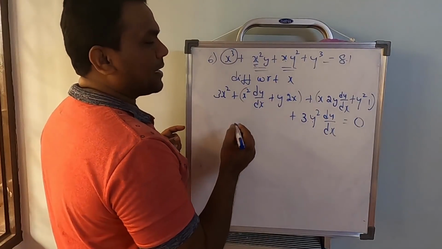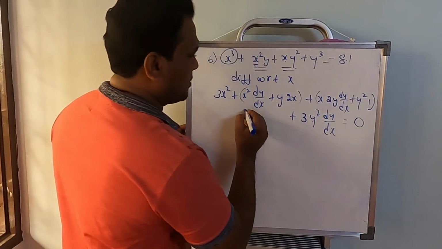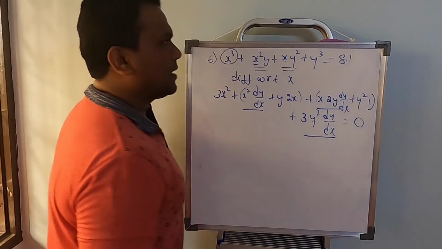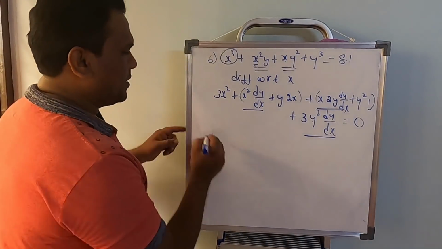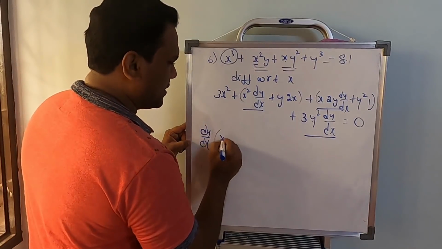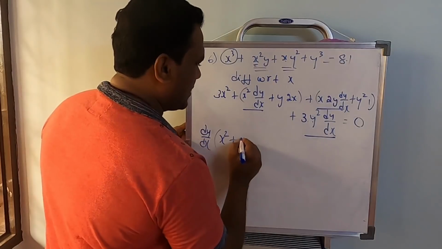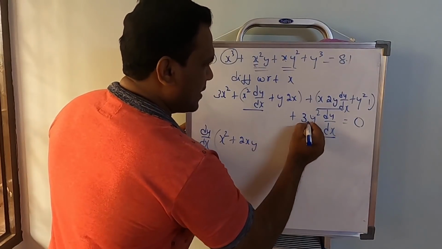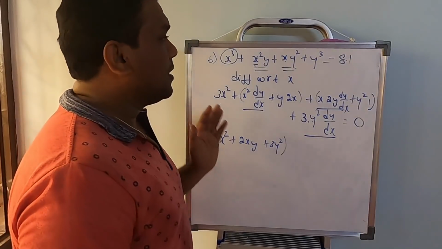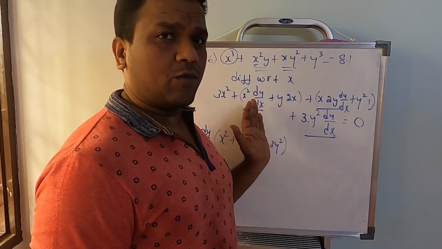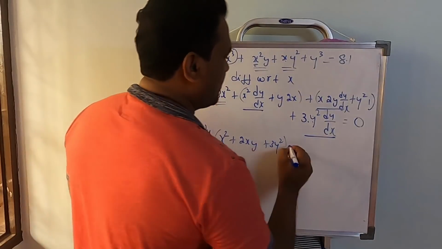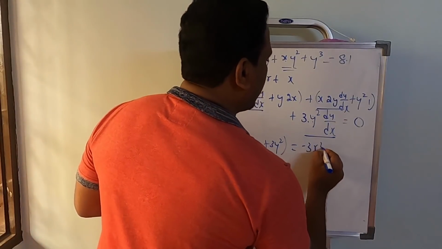Now let us try to collect the terms of dy by dx. So 1, 2, 3. There are 3 places where dy by dx is present. So if I take dy by dx as common, so here it is x square plus here it is 2xy and here it is 3y square. I have taken dy by dx as common. The remaining things, whatever the terms are there, that will be shifted to right side. So first thing minus 3x square.